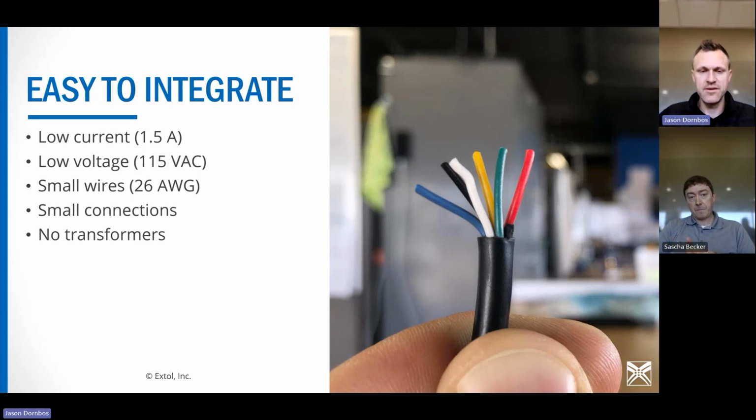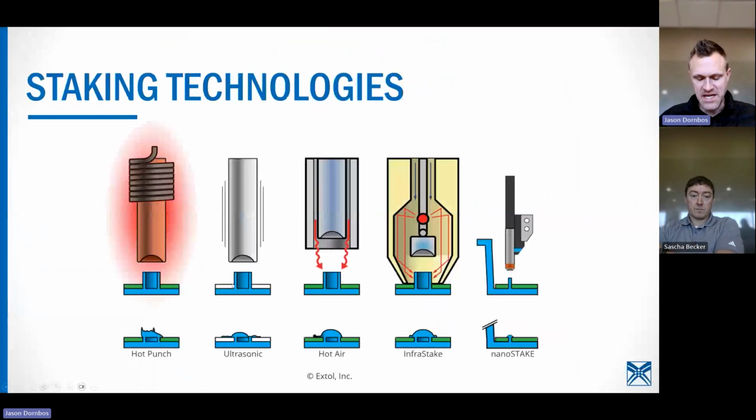NanoSTAKE compared to HeatStake. So when you say HeatStake, are you referring to what we have listed here as hot punch? Assuming that's the case, I think that's going to be a yes. So HeatStake, some people call it HeatStake, some people call it hot punch.